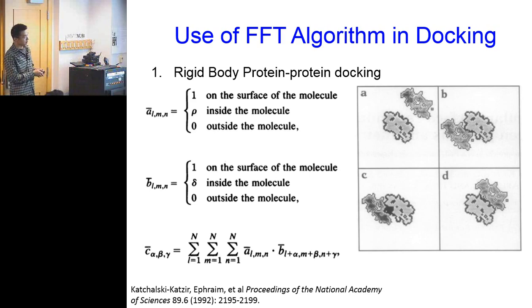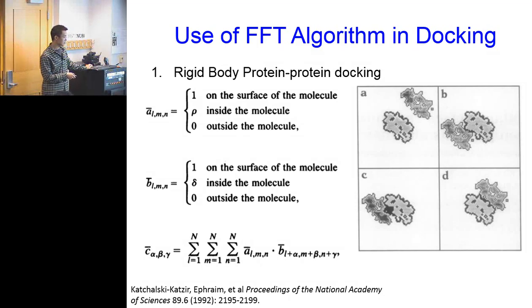Now, in order to dock these two proteins together, you only need to calculate one quantity, which is this C, which is a cross correlation between A and B. The value of this quantity at alpha, beta, and gamma is equal to this.